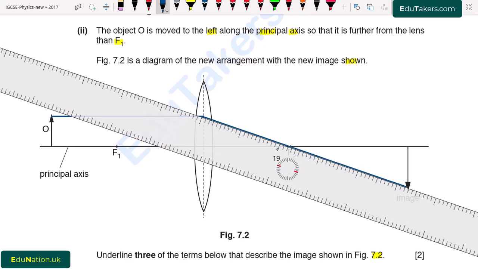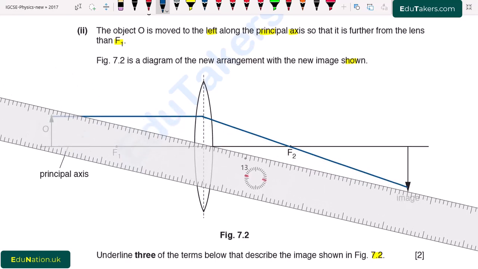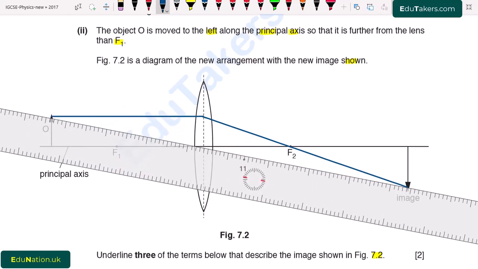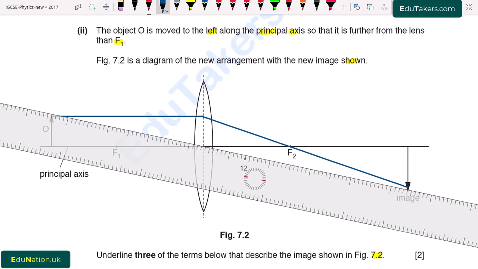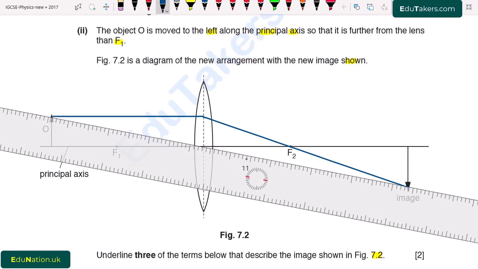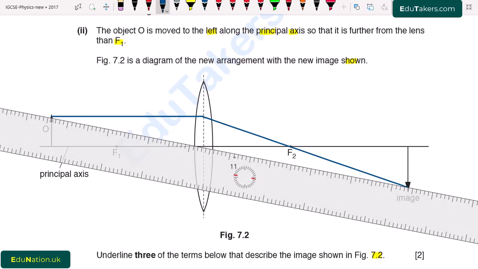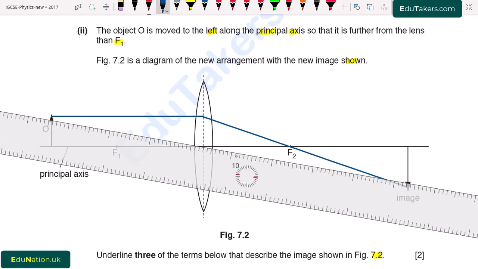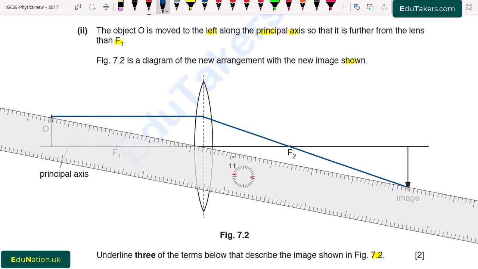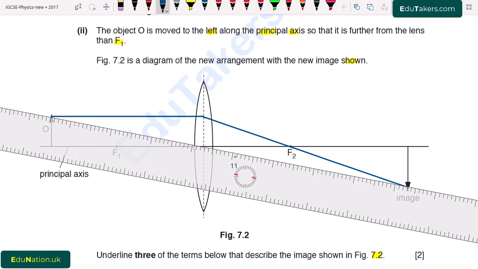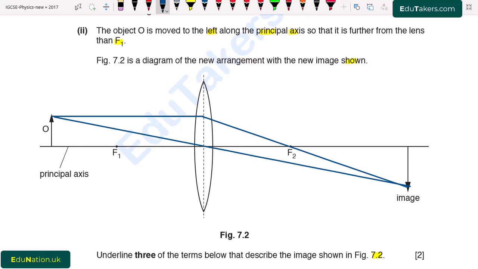Like that, it is the path of the first ray. The second ray is the one passing through the center of the lens. And then it forms the image. So we can see that it's the image.